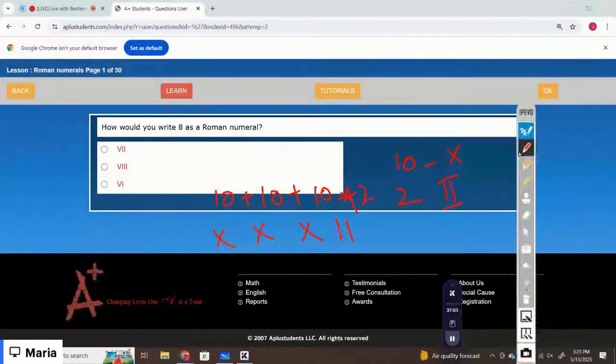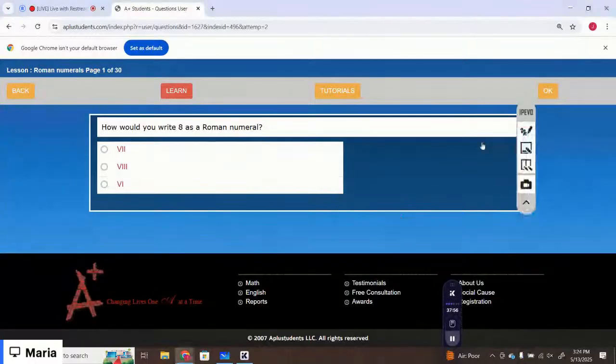So that is 5 plus, that is 5, 6, 7, 8. Option number 2 is the correct option, that is 8.